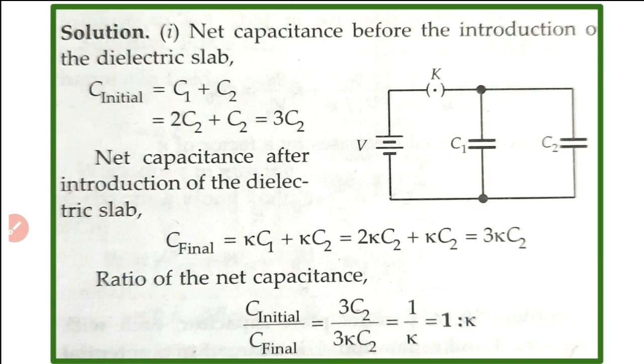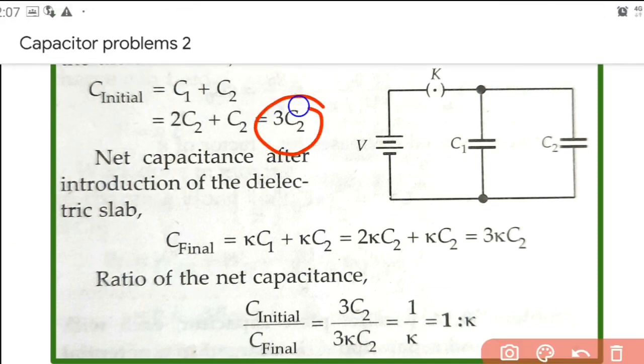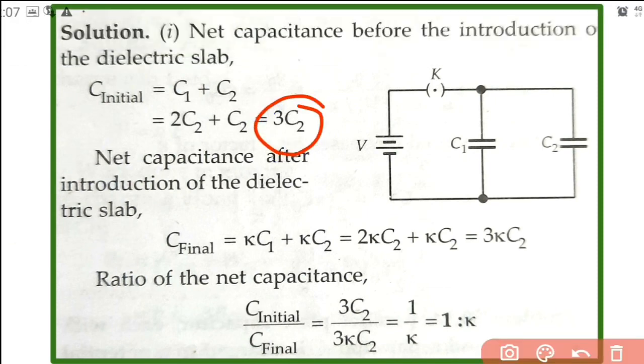So what is the net capacitance before insertion? Because C1 is 2C2, and the two capacitors are connected in parallel, the total capacitance becomes 3C2. Now after the introduction of the dielectric slab, each one becomes K times the old one.